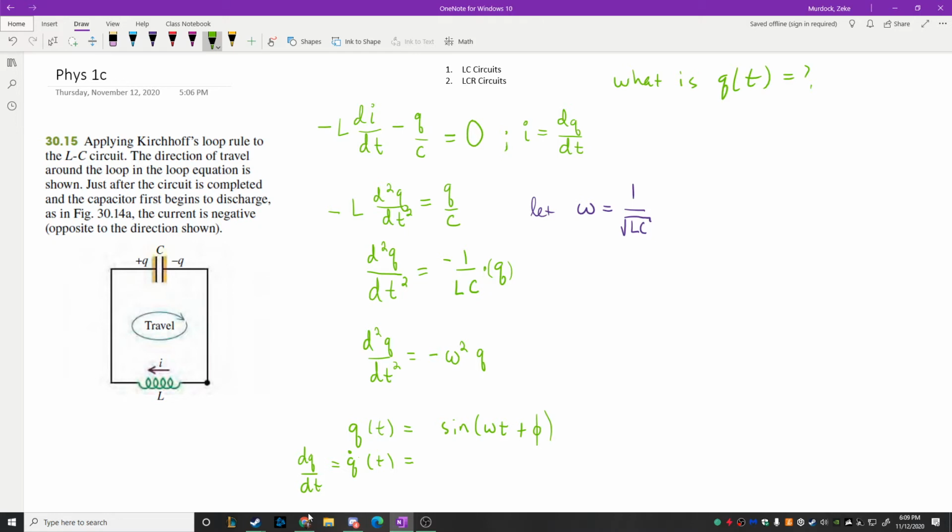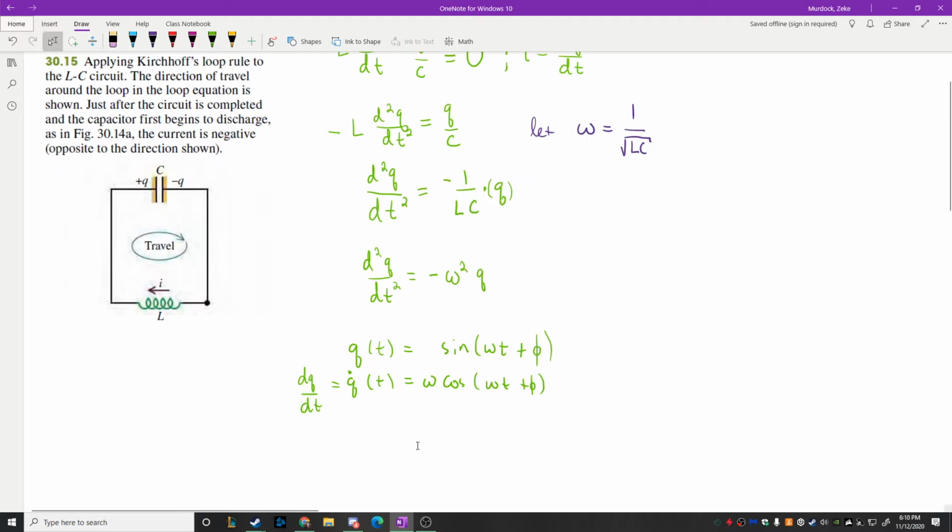So the derivative of this would obviously be cosine of omega t plus phi, but you would get an omega in front. And then when you take the derivative one more time, we take the second time derivative, which we represent with two dots. Sorry, there's two dots there.